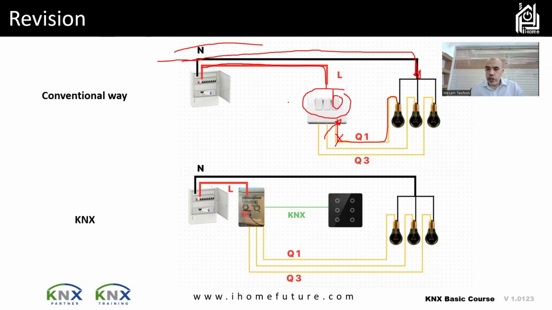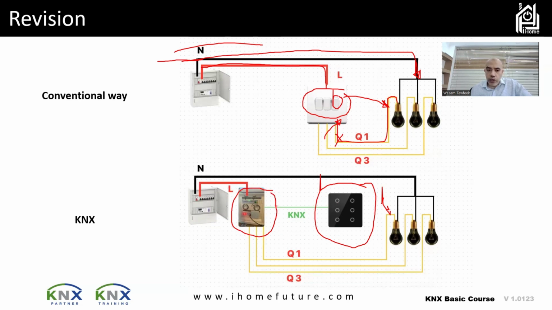So no more will this switch, which the user controls, work directly with the load. Here we have a keypad, which the user will use to control his devices, but it is not connected directly to the load. Actually, what's connected to the load is what we call an actuator, which is a device, maybe a KNX relay switch, connected directly to the load.